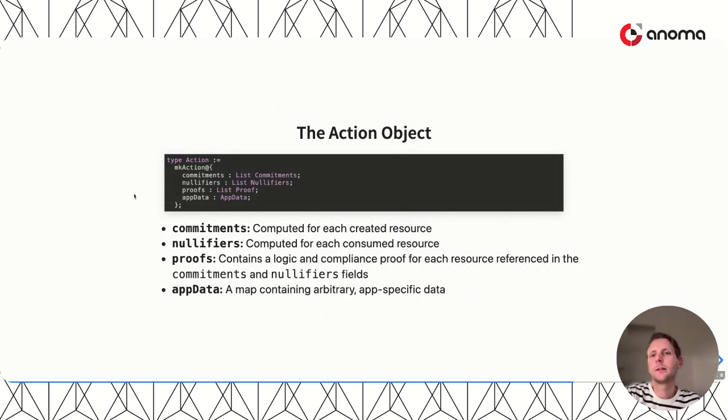And the last field is a field to put arbitrary data inside. It's called app data. And this is the place where you would put signed messages, let's say by the owner of a token, that approves that this resource can be spent and someone else can receive the created resource. But we don't need to know this in detail yet.